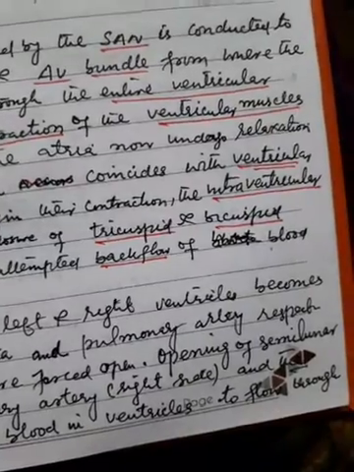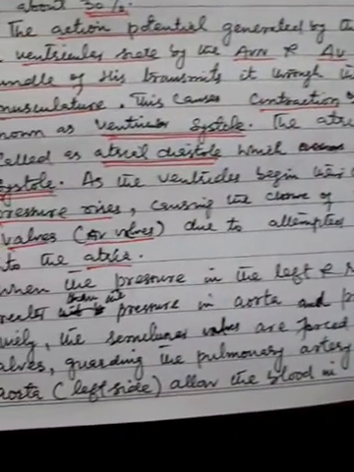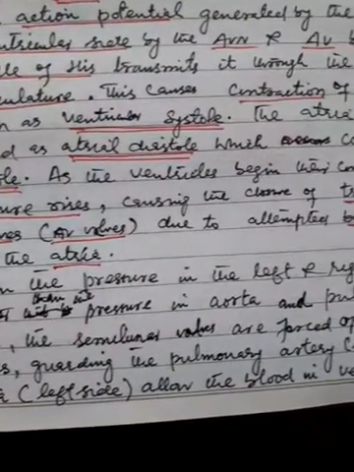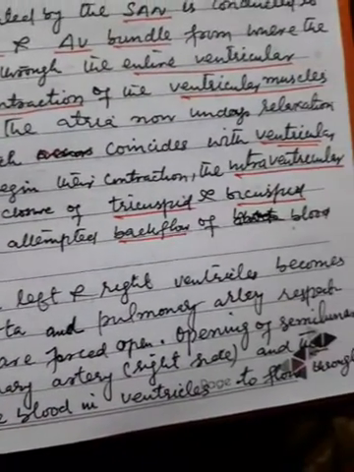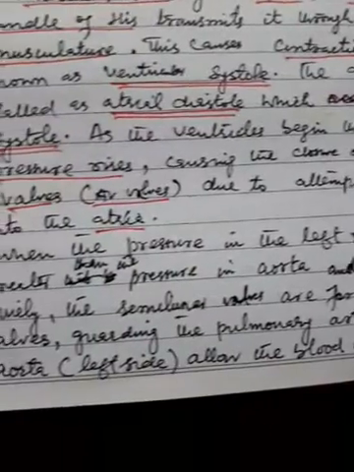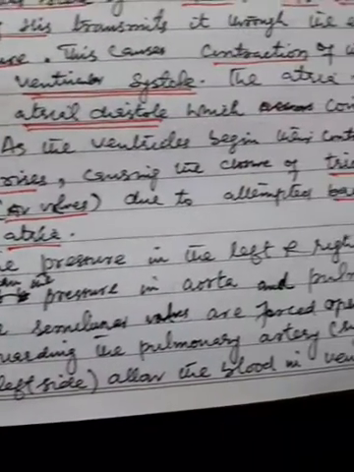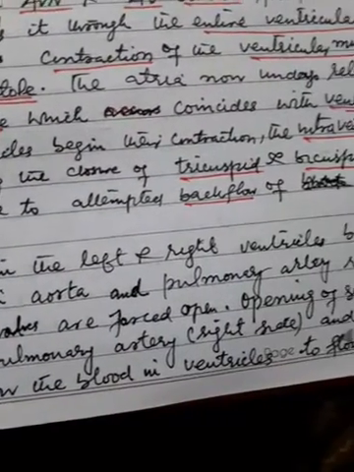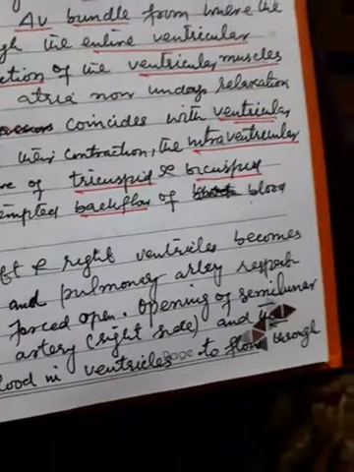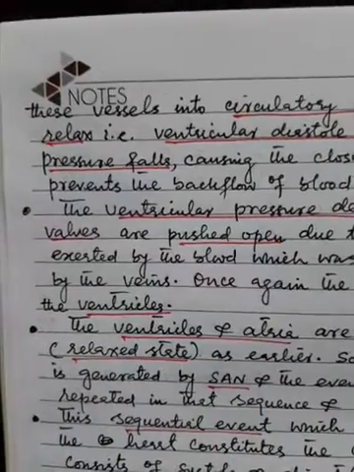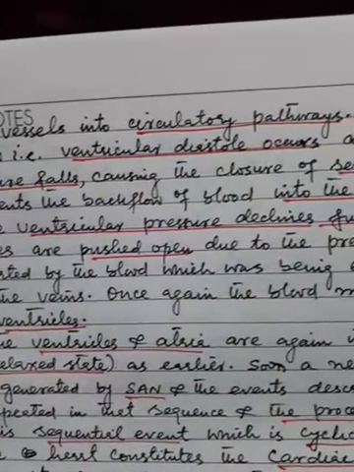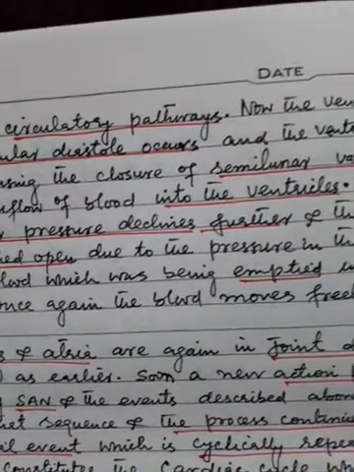Opening of the semilunar valves guarding the pulmonary artery on the right side and the aorta on the left side allows the blood in the ventricles to flow through these vessels into circulatory pathways.